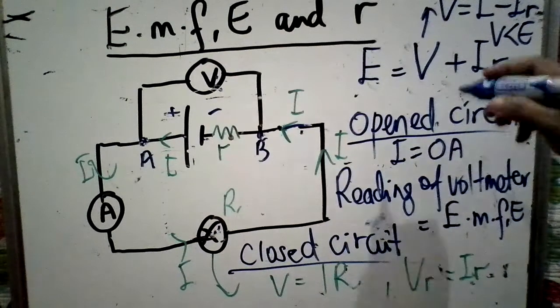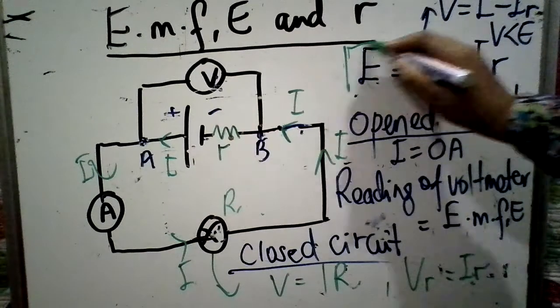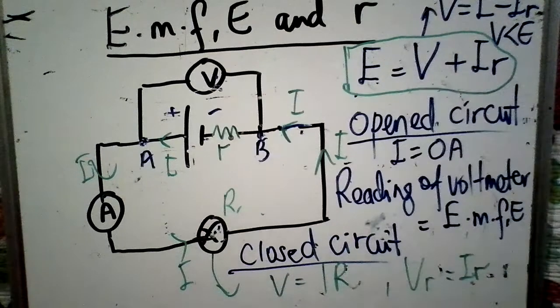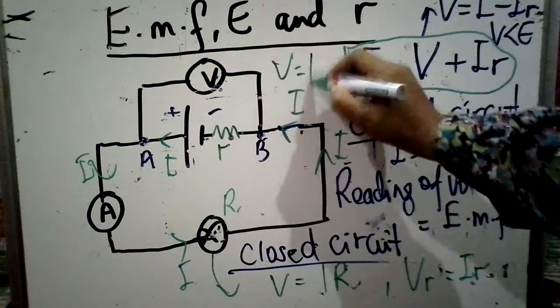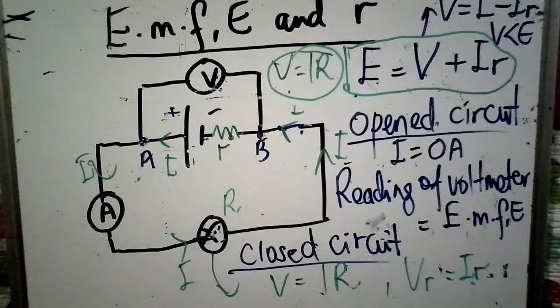So this is how we get the equation. This equation we can use to solve many calculation problems. And the V here is equal to IR, meaning for the bulb or any resistor in the external circuit.